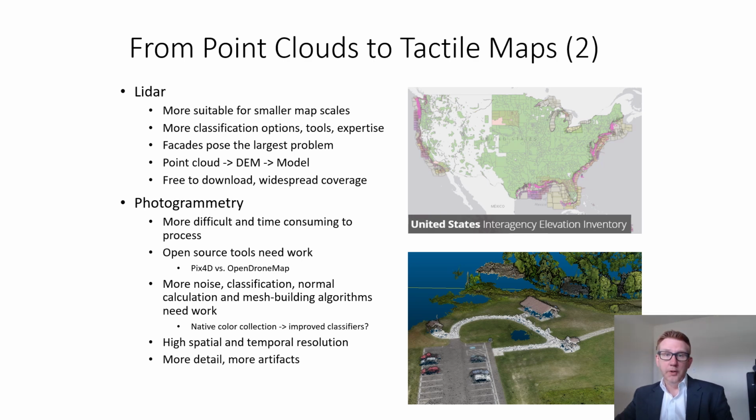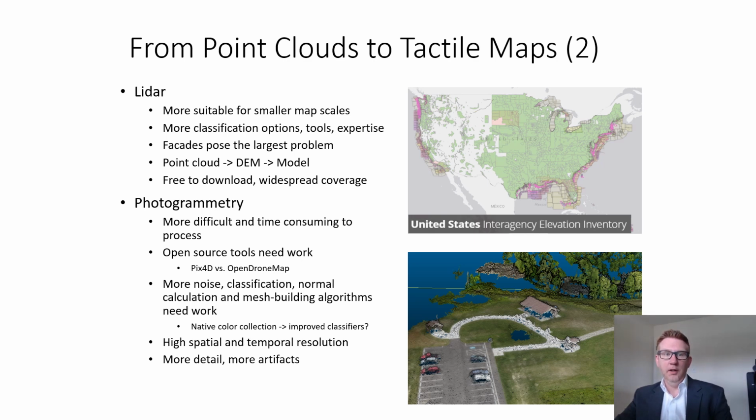The way that you usually would process these is you take a point cloud, you turn it into a DEM, and you create a model from that. If you're interested in this method of processing, CGIT here at Virginia Tech has done a great job of making both a campus model and some other versions of this available. And feel free to stop by and talk to them about that if you have an interest.